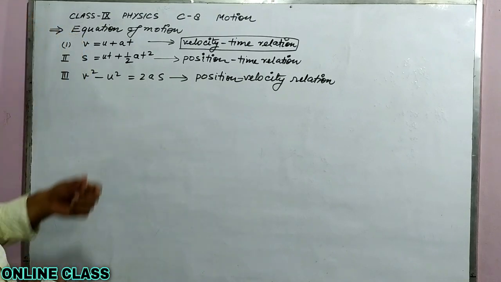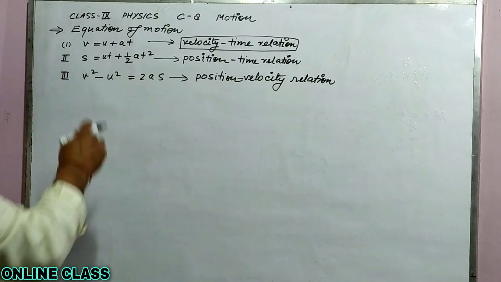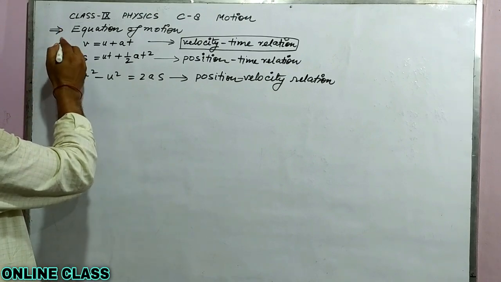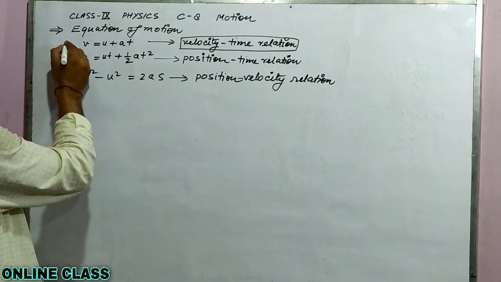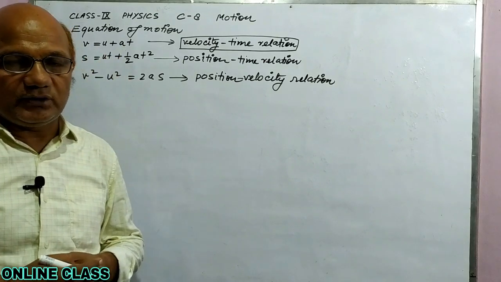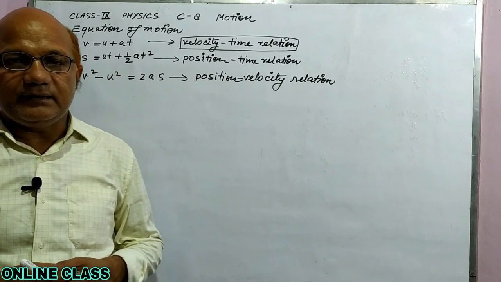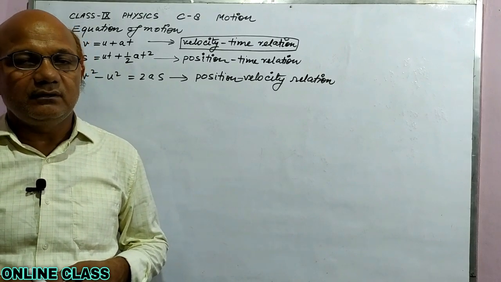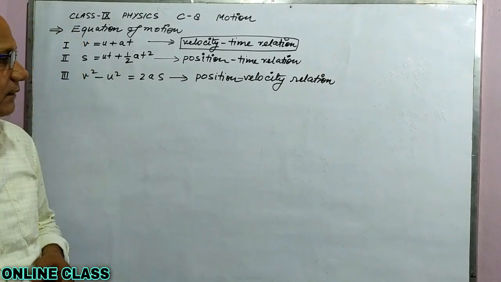Okay? Now, this is first equation of motion. We have to derive first equation of motion by graphical method.